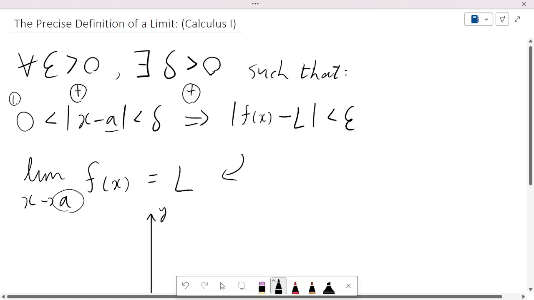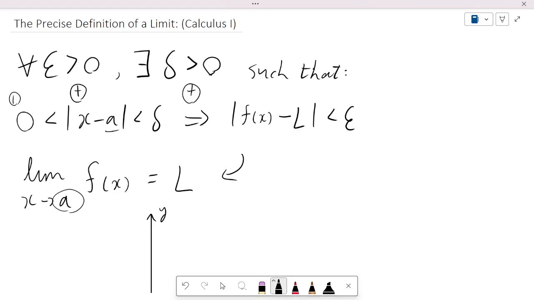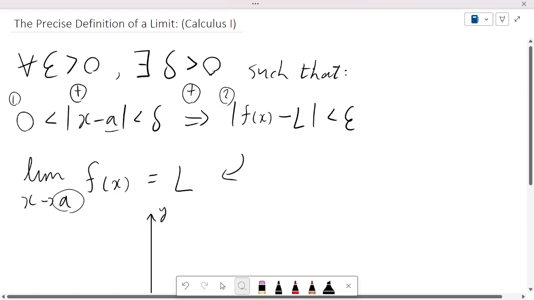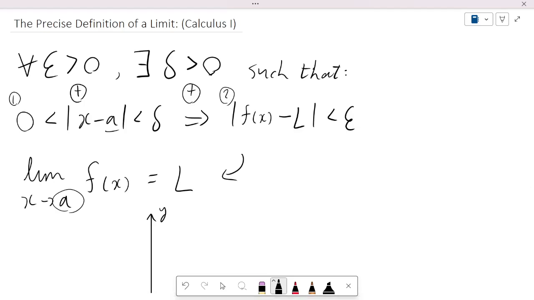This first part is going to be true because it is greater than 0. So that means we need to find a value that is between 0 and delta. Okay, and then from this information that we have here in number 1, our number 2 over here needs to be true, or will be true when we are doing the proof. So first we're going to prove the first one, and then we're going to prove that the second one is correct.